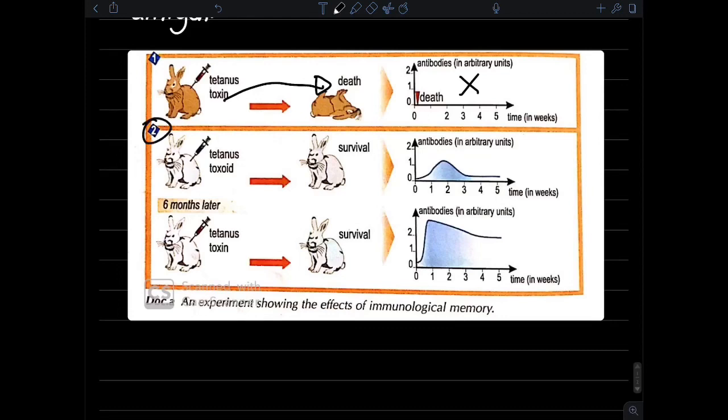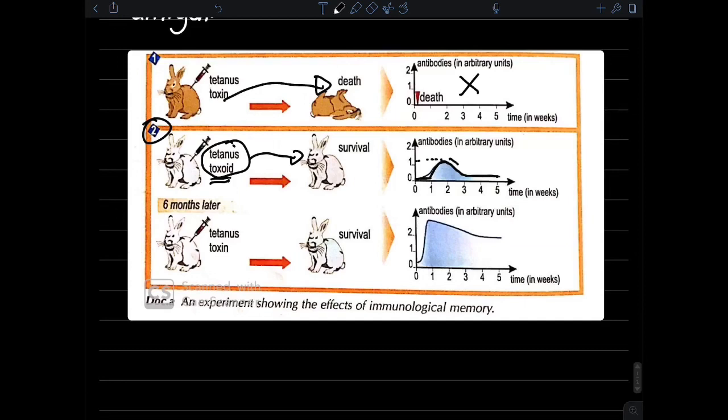In the second experiment, we have another rabbit which is injected by tetanus toxoid. Tetanus toxoid, you have to know that toxoid is an attenuated toxin, يعني مخفف. We know that there is survival and there is secretion of antibodies, which takes 1 week in order to increase, and it reaches approximately 1.2 AU as a maximum level.